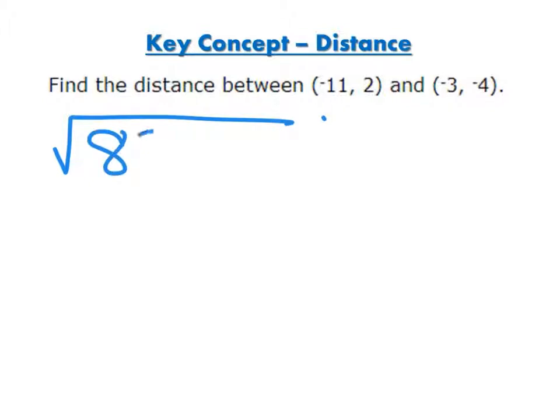So I'm going to have 8 squared plus, going from 2 to -4. Going from 2 to 0 is 2, and then 0 to -4 is 4, so I have 6, so that's 6 squared.